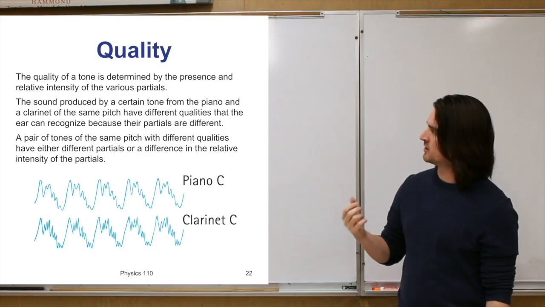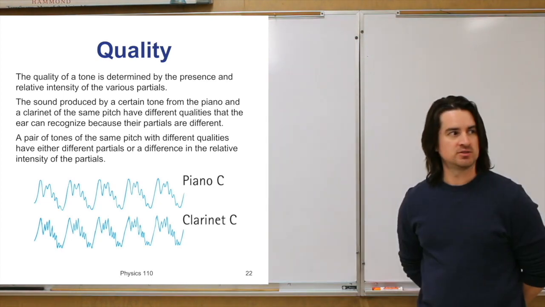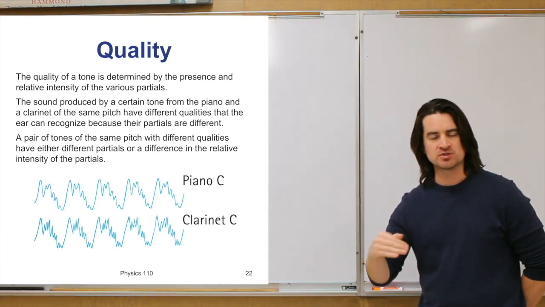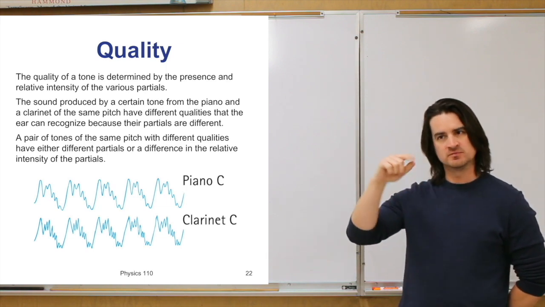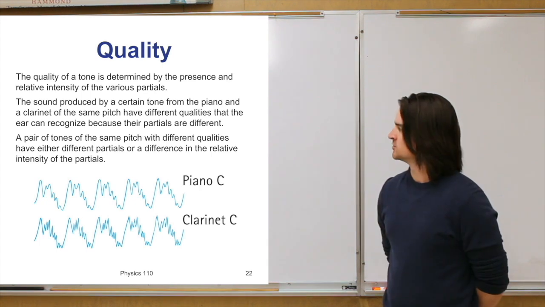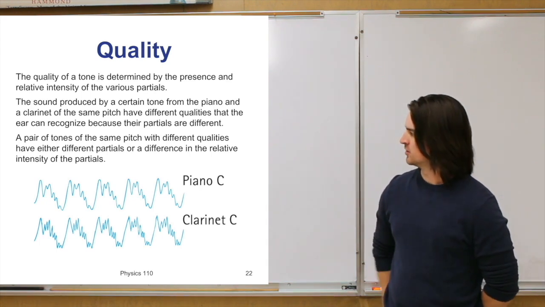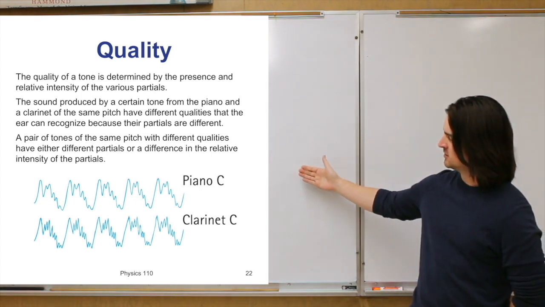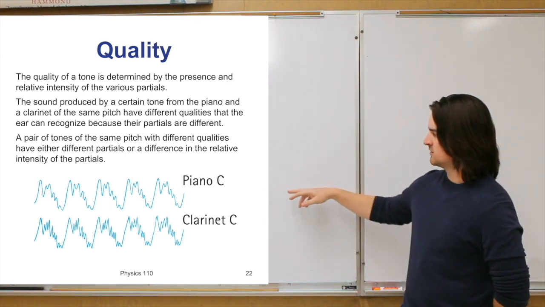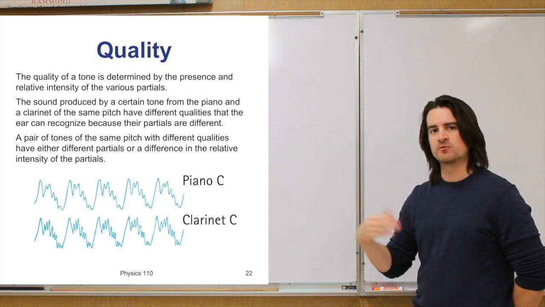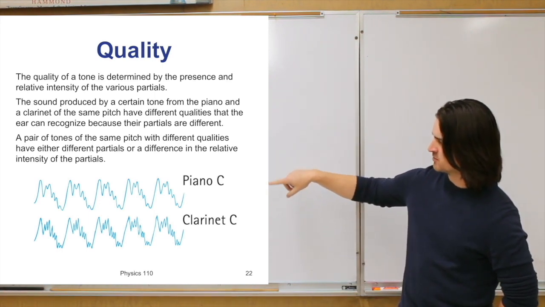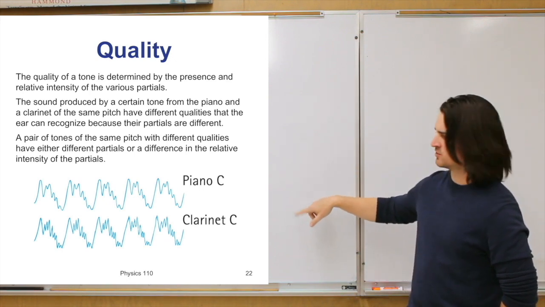A little bit more about quality. As we saw on the last slide, quality is essentially a measure of how many different frequencies are overlapping on top of each other. So this is why a piano playing a C versus a clarinet playing a C note is distinguishable, because even though the fundamental frequency that they're both playing is C in these pictures, that fundamental frequency is that overall arching shape.